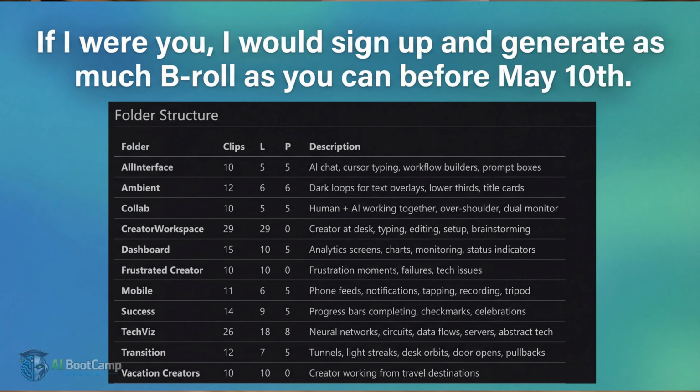The key habit I'd recommend building. Every time you generate B-rolls, save it to a library organized by category. Creator workspace. Tech visualization. Dashboard and analytics, ambient loops, success moments. You do this consistently for a few months, and you stop regenerating the same types of clips over and over.